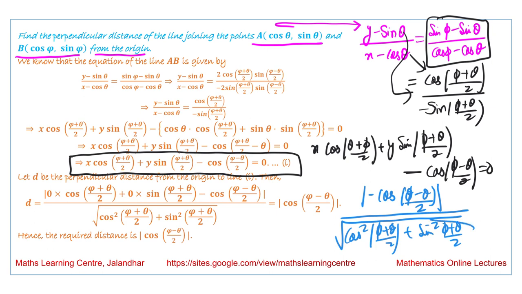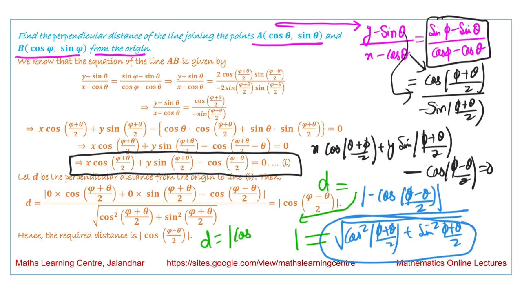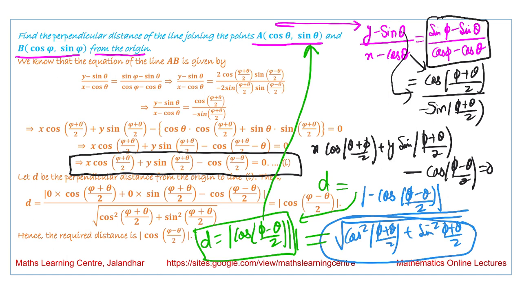The sum of both these values is 1, so the denominator will become equal to 1. So the distance d we obtain is mod of cos of (phi minus theta) by 2. So this is the distance of the line joining these 2 points from the origin.